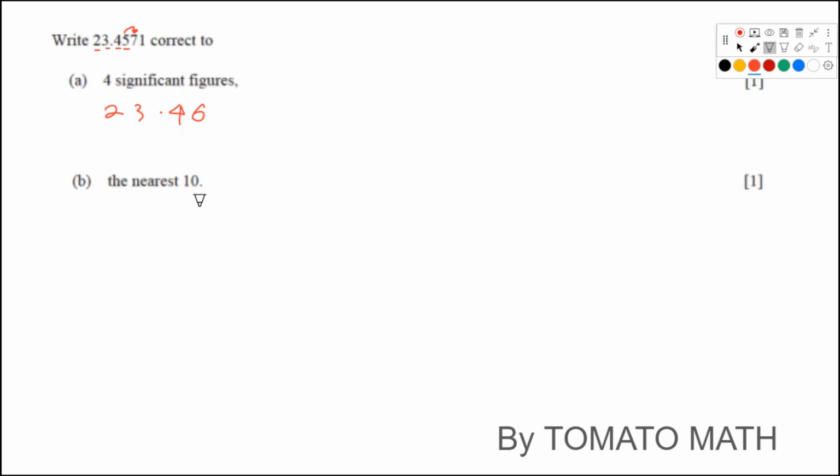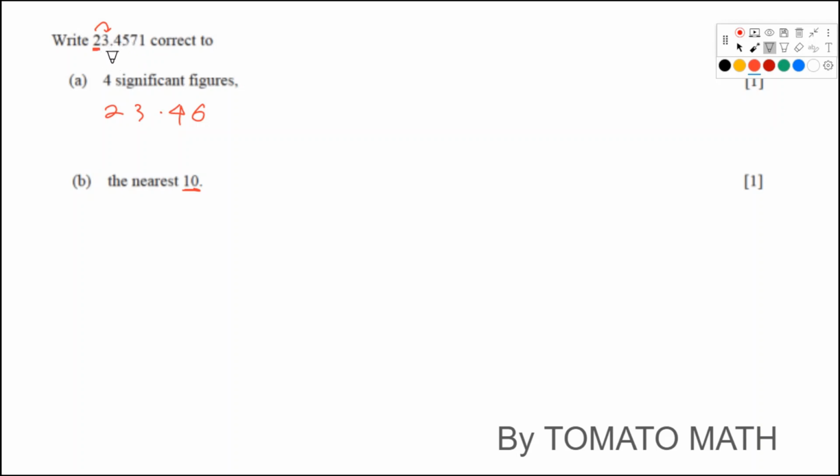And to the nearest 10. So to the nearest 10 means we know that 3 is ones and 2 is tens. So to the nearest 10 is basically the number 2, and we will see the number after it, which is 3.